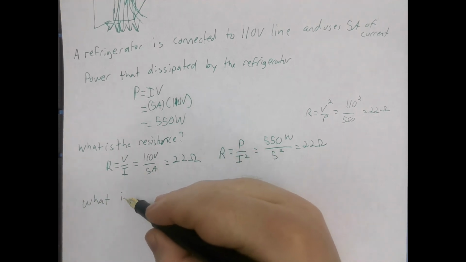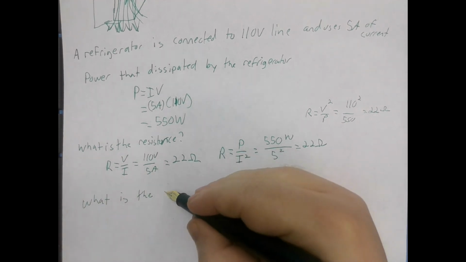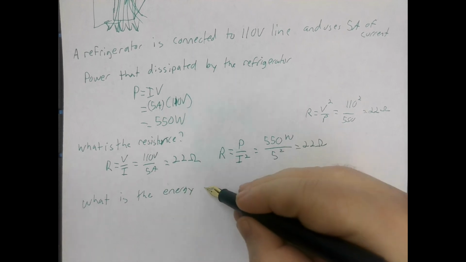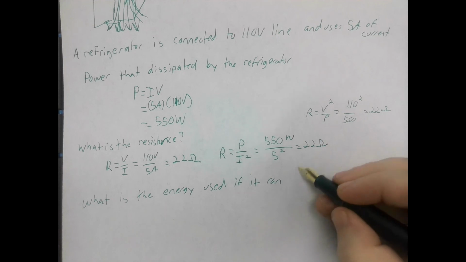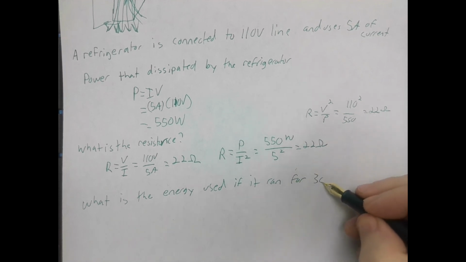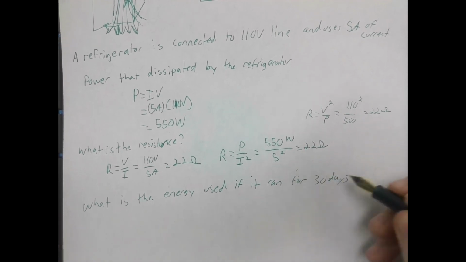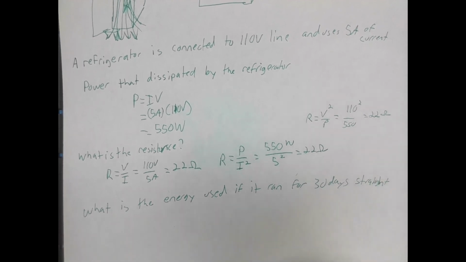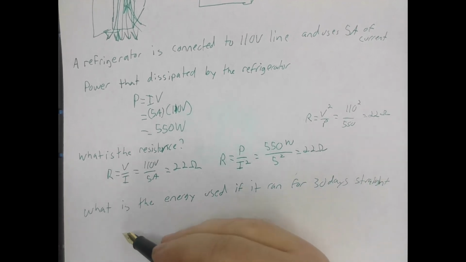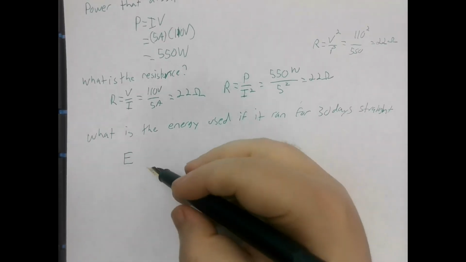So what is the energy used if it ran for 30 days straight? So for this, we want kilowatt hours.